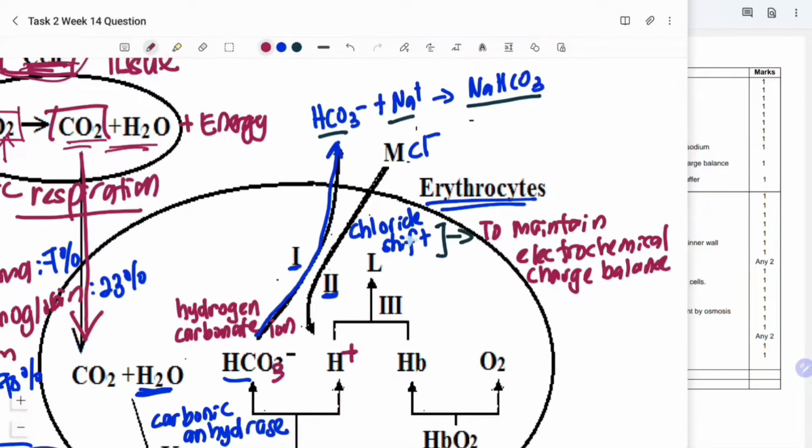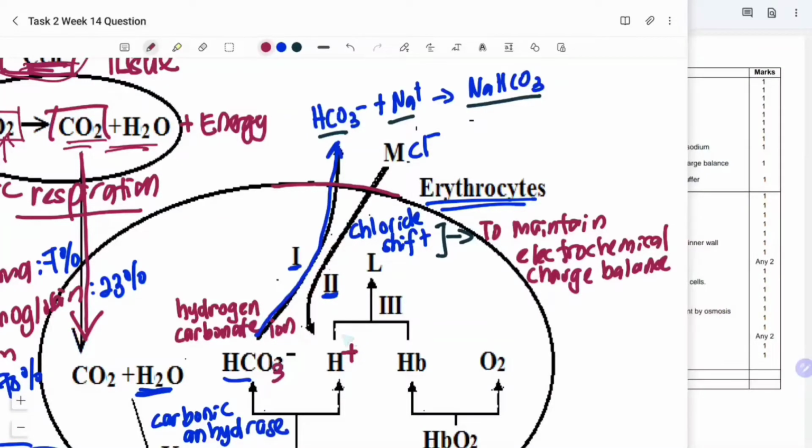So what is the importance of chloride shift is to maintain the electrochemical charge balance across the membrane of the erythrocyte. Every time ada minus charge yang keluar, mesti ada minus charge yang akan masuk, so that the charge across the membrane will stay balanced.